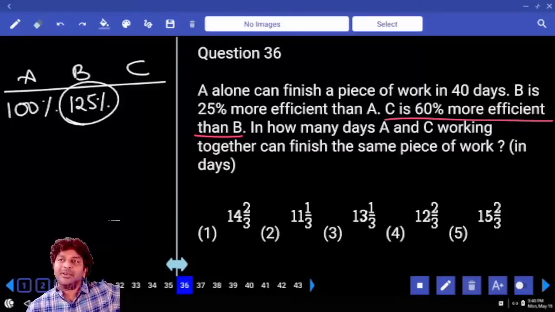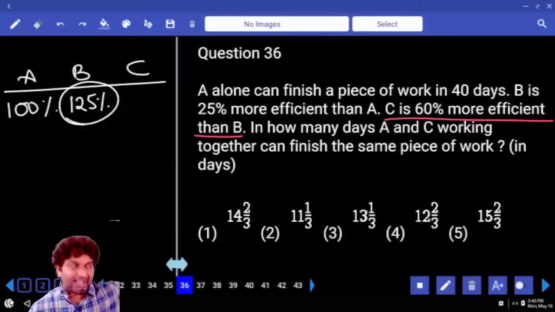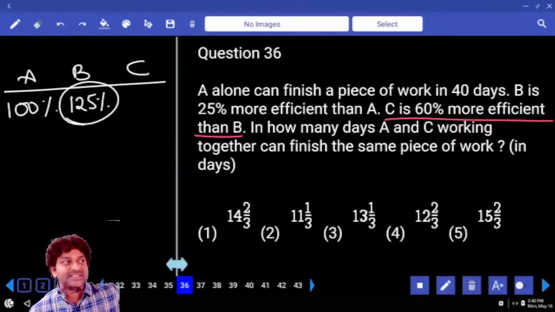Is that so comfortable? Then the next way to get 60% is to calculate 10%, double, triple. Easy to calculate? So multiple ways are there, but 10%, double, triple is easy in this case.